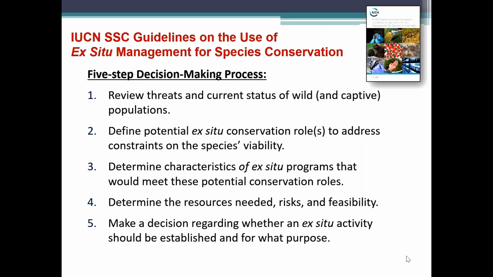In the XC2 guidelines, there's a 5-step decision-making process, and I'm going to go into detail on these steps and explain how you might go about carrying them out. But in a nutshell, they involve looking at the current situation and threats, looking at potential options, evaluating those options, and then making a decision whether they are appropriate options for this species.